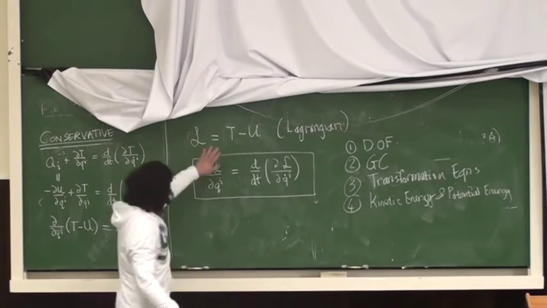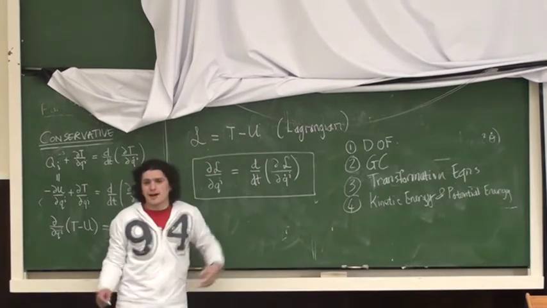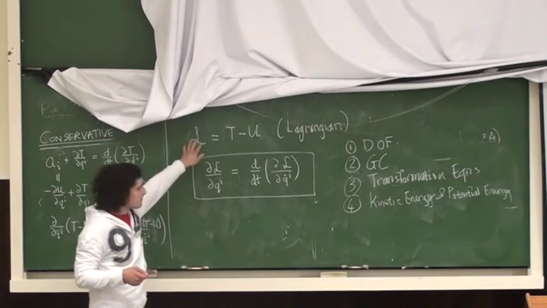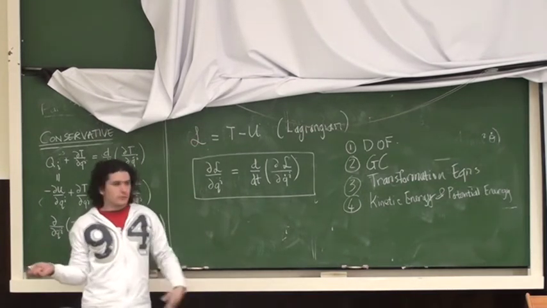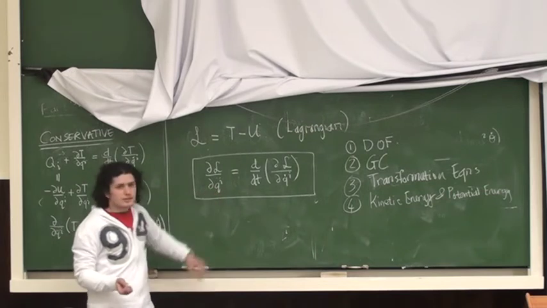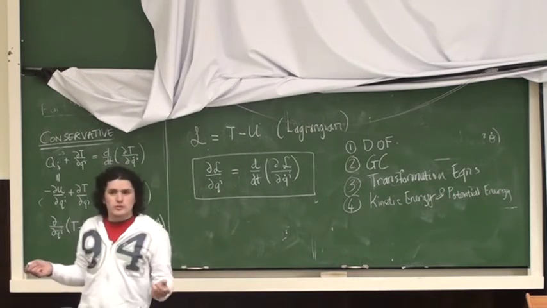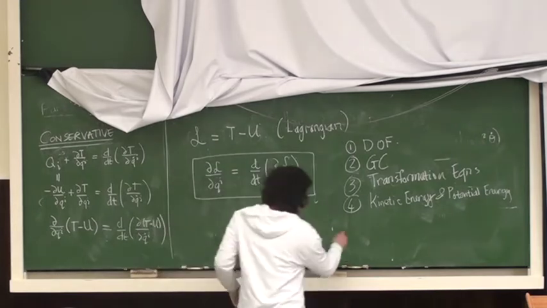So once we've worked out the kinetic and potential energy, we can write down the Lagrangian. And once we can write down the Lagrangian, we can write down this equation, Lagrange's equation for a conservative force. And so that's what we do.